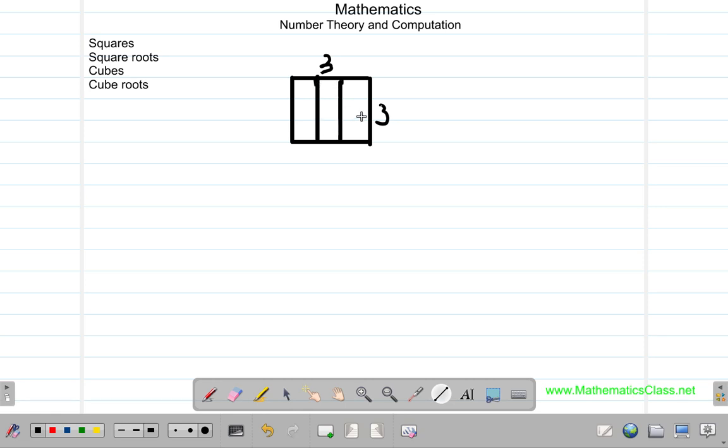Good. And then this is 3. So you have 1, 2, 3 units long, and 1, 2, 3 units high.